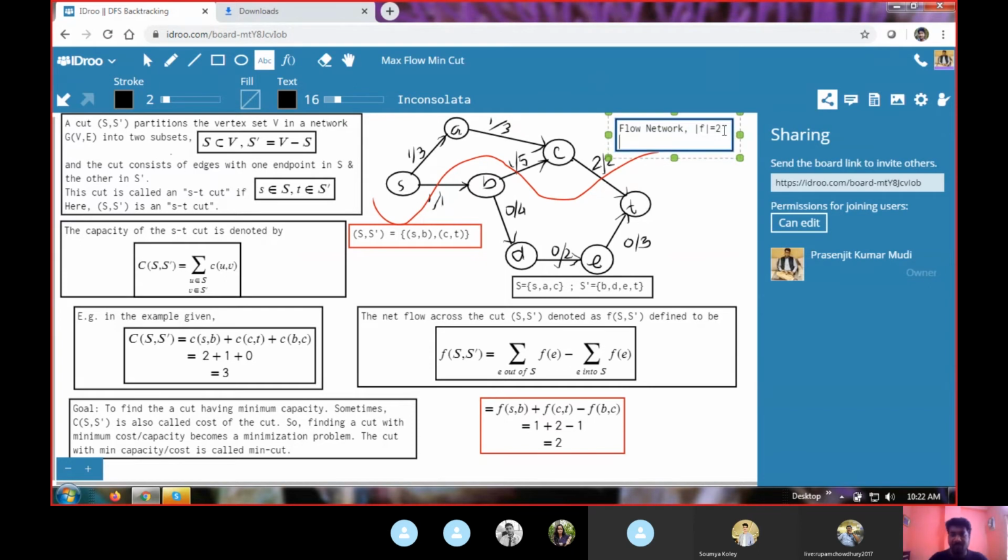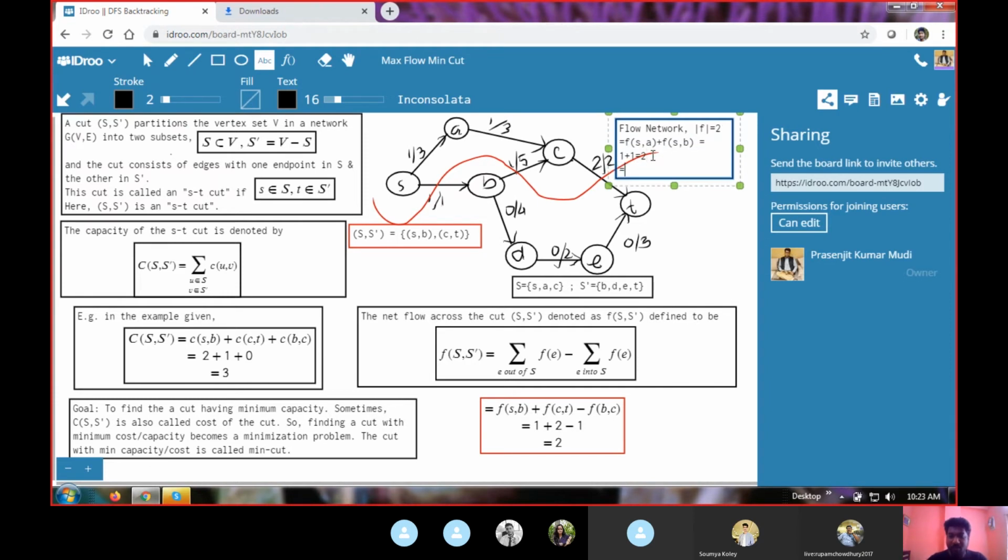So if I write here, it is equal to flow of S to A plus flow of S to B, and that is equal to 2. 1 plus 1 equal to 2. So this is the meaning of flow, how we compute the flow of a network.